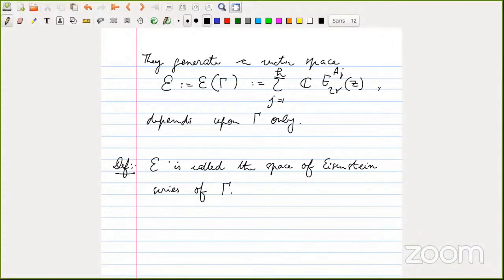The fact that it depends, as I said, only on gamma is because of the way we have constructed the Eisenstein series, and also we know how the coefficients change. Maybe we can try to give a proof of this, since it's not so difficult, in the discussion session tomorrow.